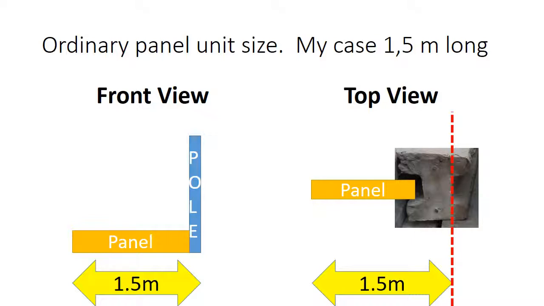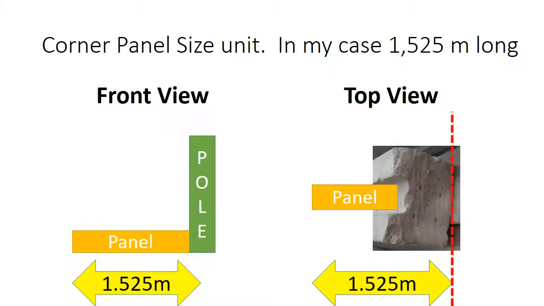In this case, the top view shows the ordinary panel unit size, 1.5 meter, till where it reaches into the groove of the next post. Then you also get corner panels, and the corner panel size is slightly longer because it is bigger. It's about 2.5 centimeter longer than an ordinary panel.